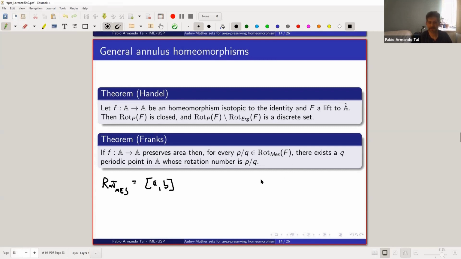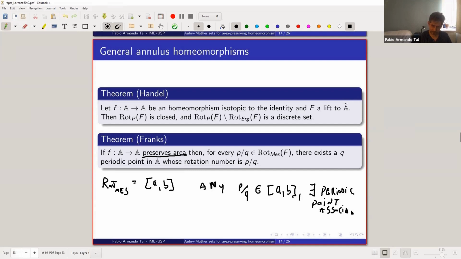But the theorem by Franks says that if you preserve area, then what you're going to see is that for any P over Q which lies in AB, there exists an associated periodic point. So this means that any rational in between AB is going to be realized by a periodic point.